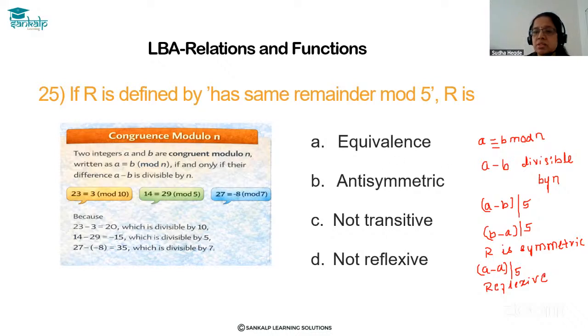Next, check transitivity. A minus B is divisible by 5, B minus C is divisible by 5. Then definitely A minus C will be divisible by 5. That implies R is transitive.